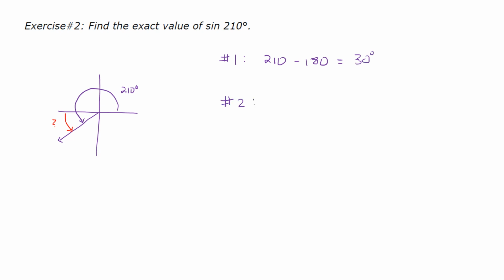Step number 2, we're asked to determine the sign of the trigonometric function. Well, since it terminates in quadrant 3, and according to our acronym, all students take calculus, the sine of theta is going to equal the negative sine of theta hat.